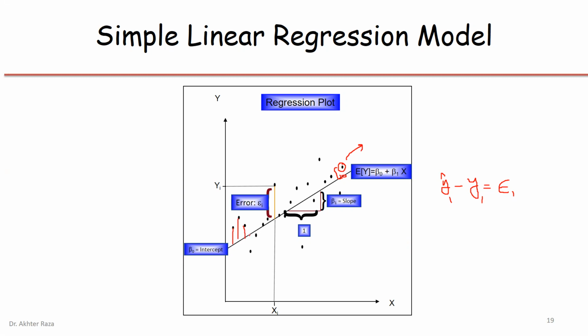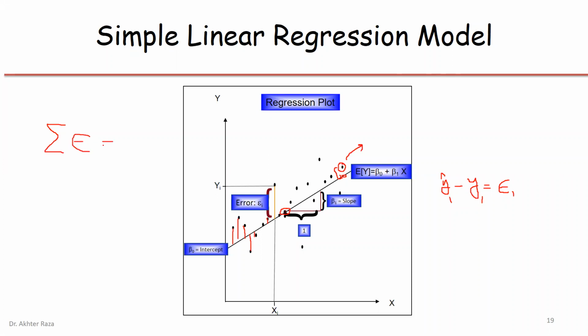Some of the errors are negative, but others are positive. There are some points where the error is zero. Suppose this is the point where the observed point and the estimated point are the same point. So error will be zero in that case. So errors have some assumptions. The sum of errors will be zero.